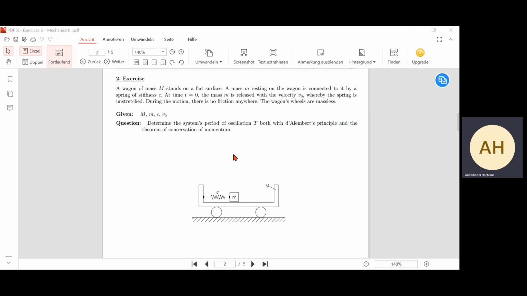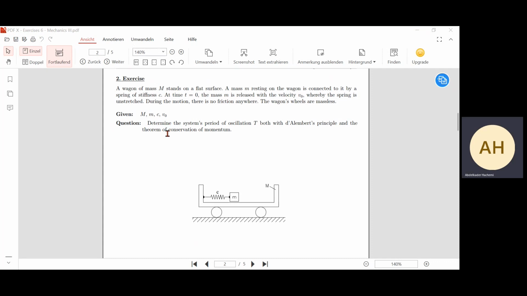Then during the motion, there is no friction anywhere, between the small mass m and the wagon, capital letter M, or the wheel with the ground. Given are the mass of the wagon, small mass m, stiffness, and the velocity v0.